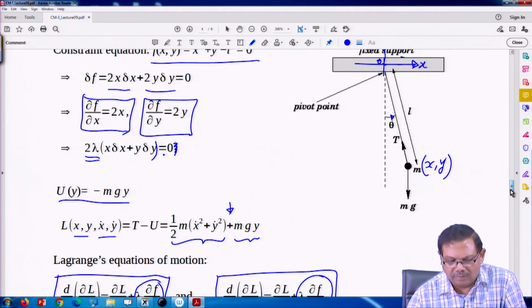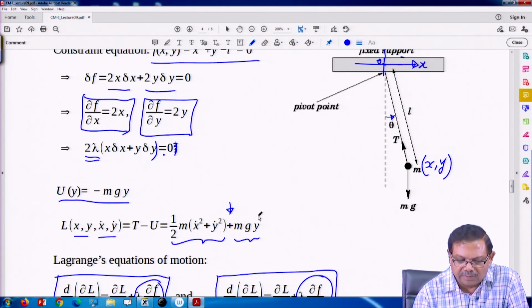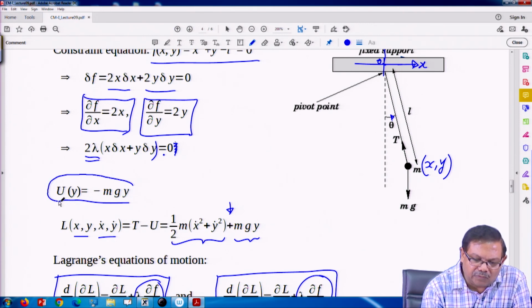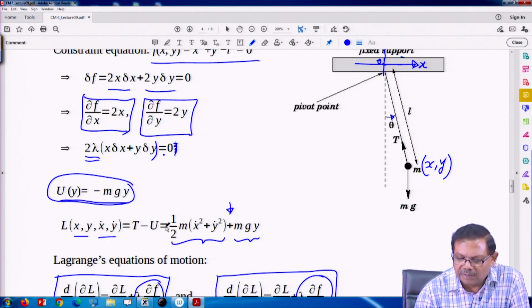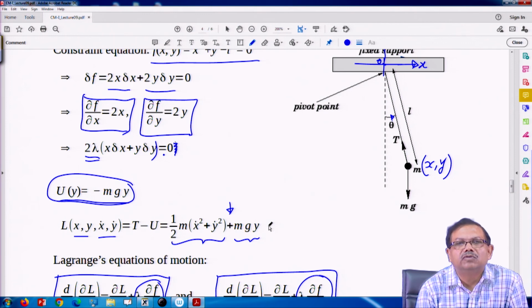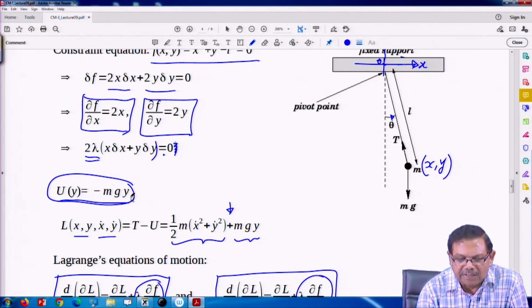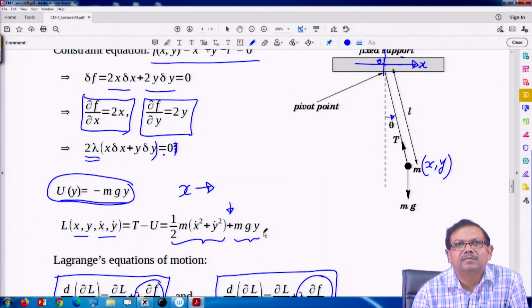As we had discussed earlier, since x does not appear, x is a cyclic coordinate. x does not appear in the expression for the Lagrangian.